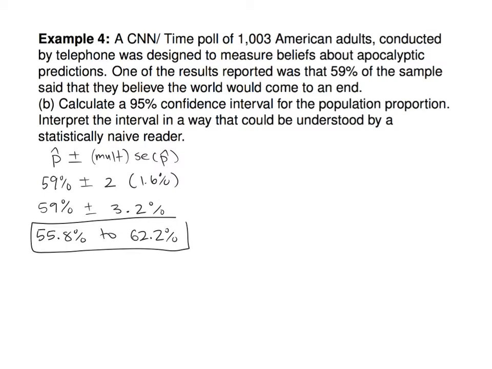Okay, now our interpretation is that we have a certain amount of confidence that our true proportion falls within this interval. So here's how you write that.